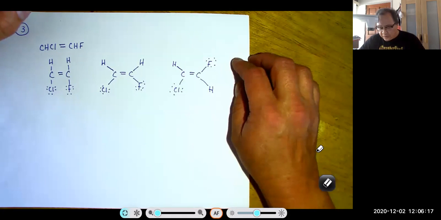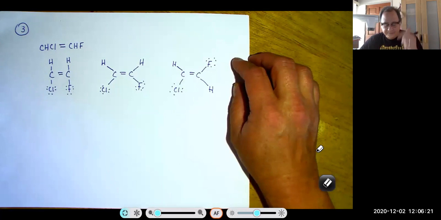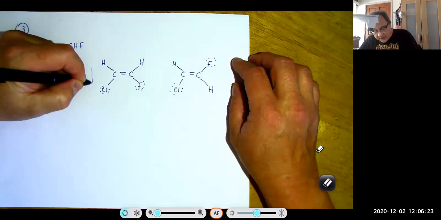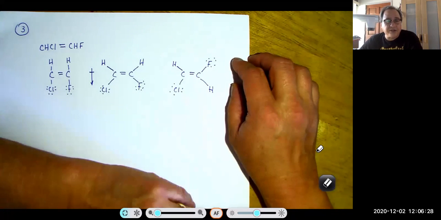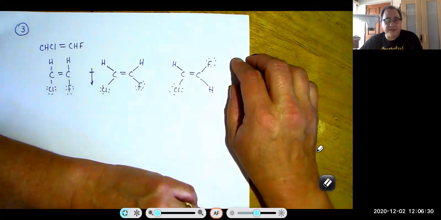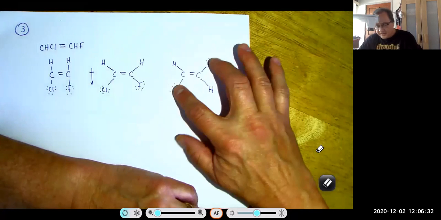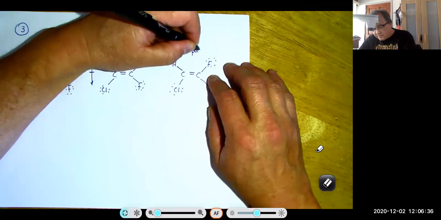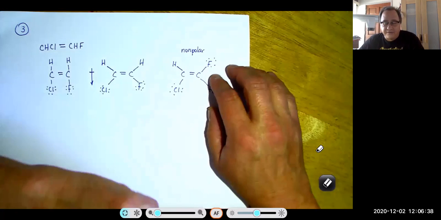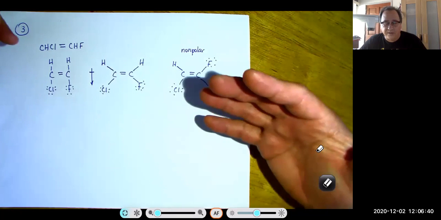So the way to find out if they are the same is to see if they have the same properties. Now this one has a molecular polarity that's going to look like this because chlorine and fluorine are very electronegative compared to the other atoms. Here, this is going to be pretty nonpolar because fluorine and chlorine are both electronegative, and you don't have the more electronegative atom on one side.